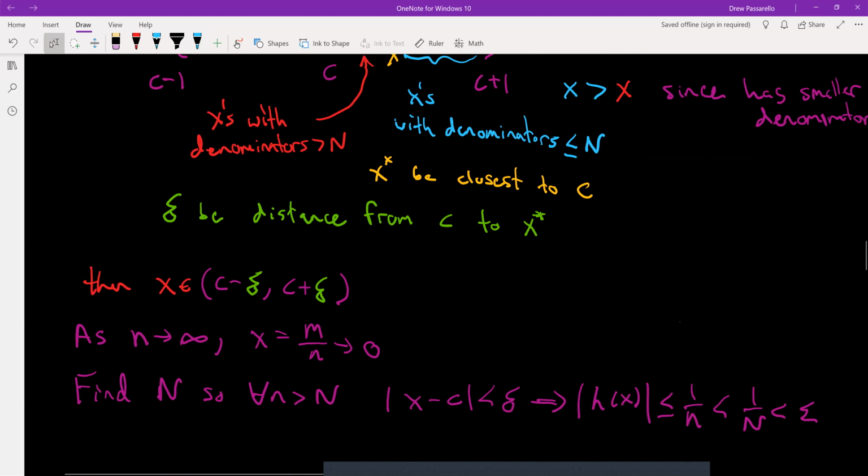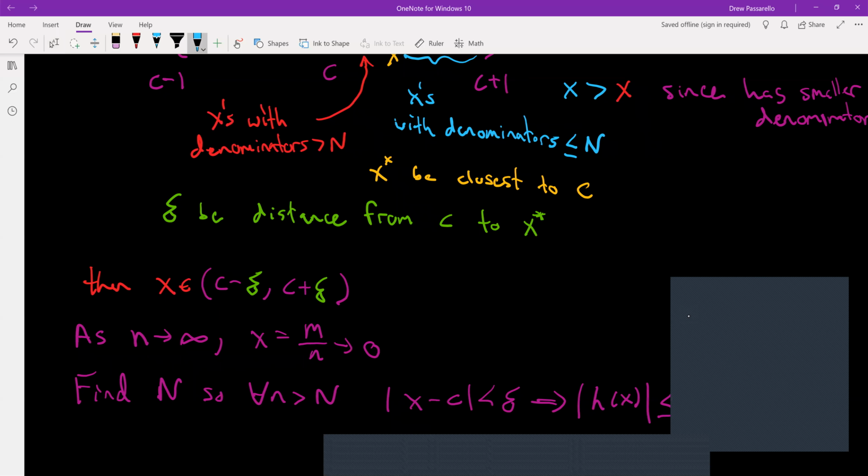So then for x's in that shrunken-down open interval (c minus delta, c plus delta), as n goes to infinity, we know that m is fixed, n gets infinitely large, and x equals m over n goes to 0.